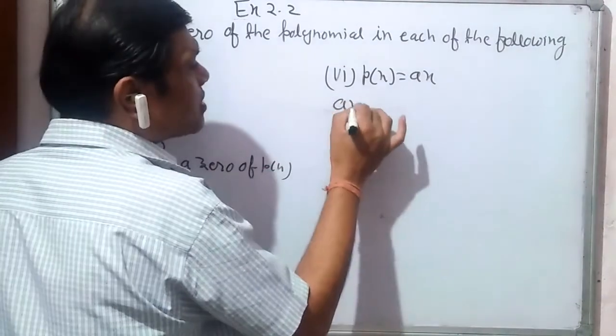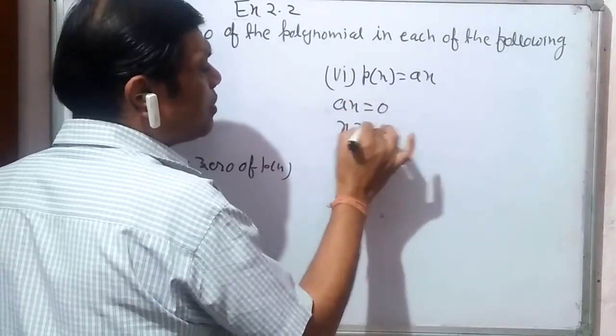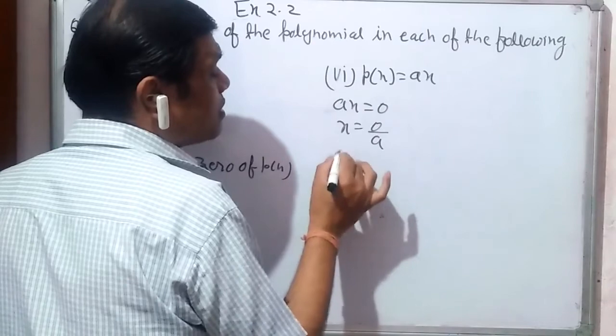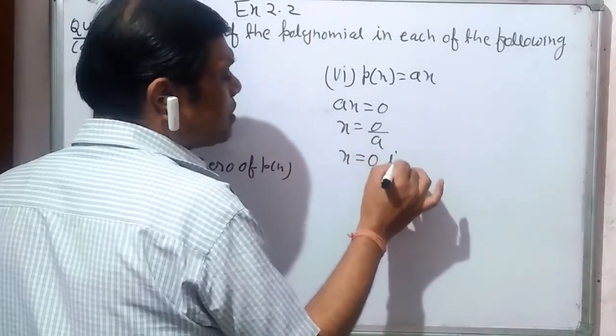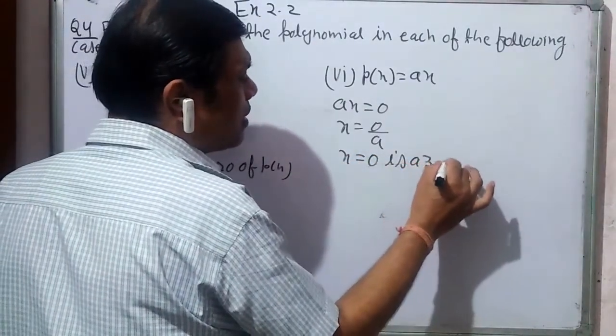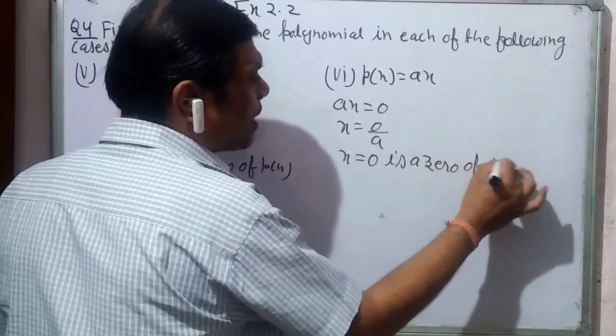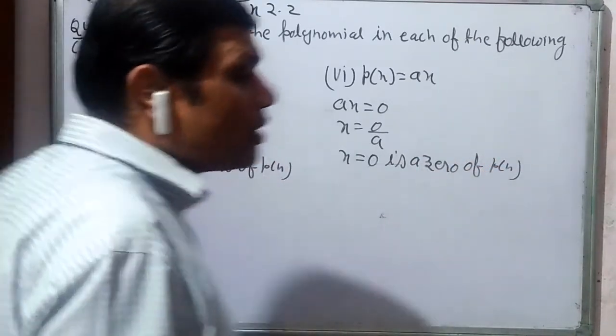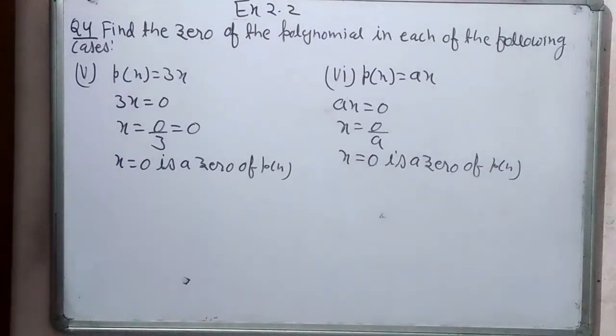Similarly, in this case, we put ax equals 0, we get x equals 0 upon a, or x equals 0 is a 0 of p(x). So, in these two cases, the value of x is also 0, which is making the value of the polynomial 0.